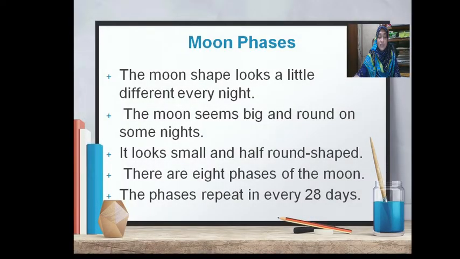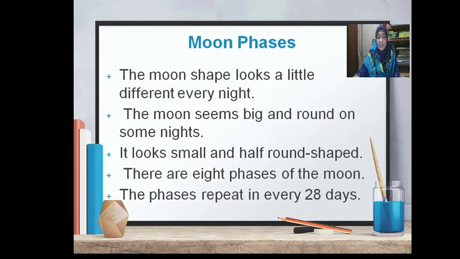When we observe the moon in the night sky, the moon's shape looks a little different every night. The moon seems big and round on some nights. On other nights it looks small and half round shaped.